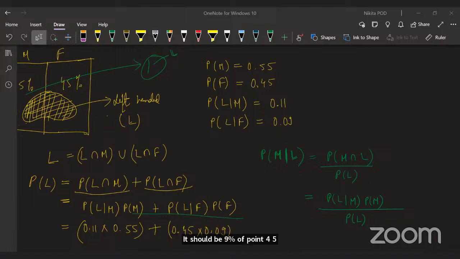No, that is not the case. 0.45 is the probability of getting a female. It won't be 9% of 0.45, because that's not the number of females. That's why you won't do 11% of that 0.45.